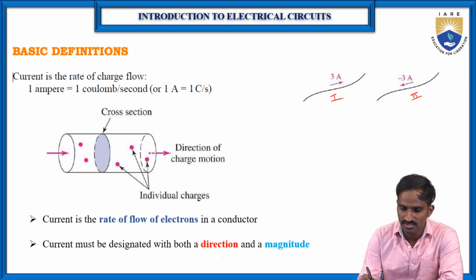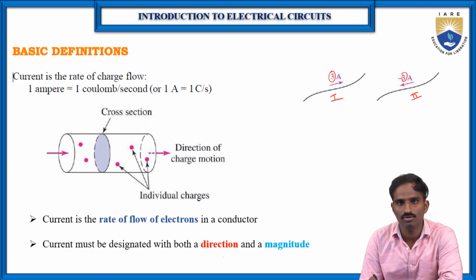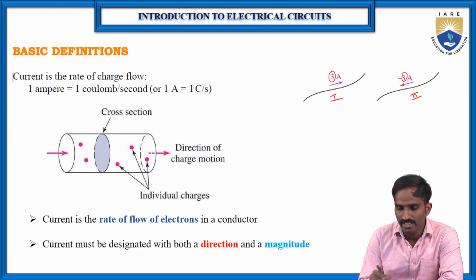Here 3 is the magnitude of the current. For the direction, let us consider this end is A and this end is B. In the first case, the direction of the current is from A to B, with magnitude 3 amperes.